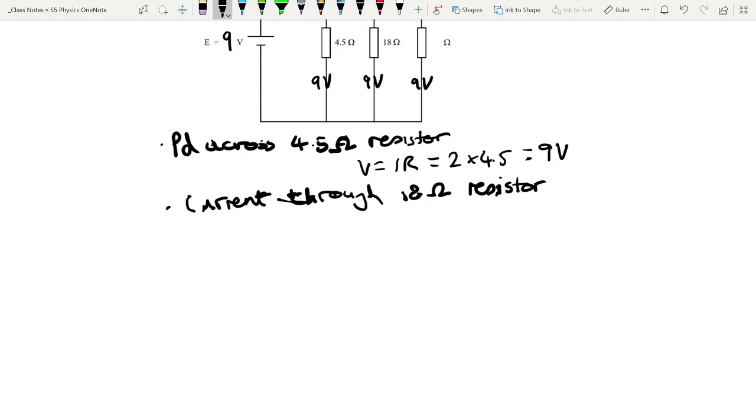So to do that, it's I equals V over R. We know the voltage now is 9 and the resistance is 18. So it's 0.5 amps.